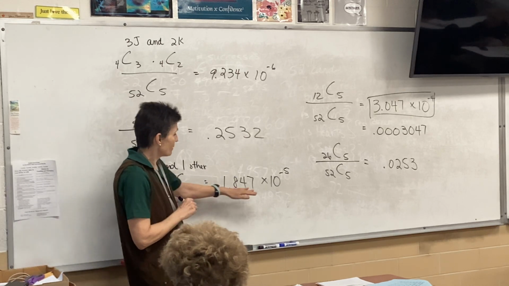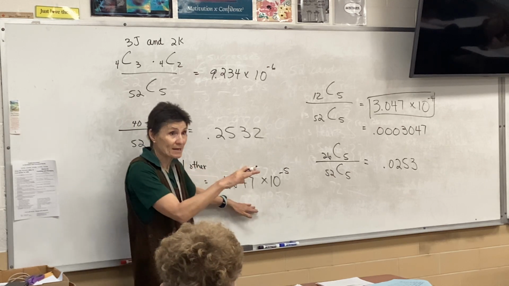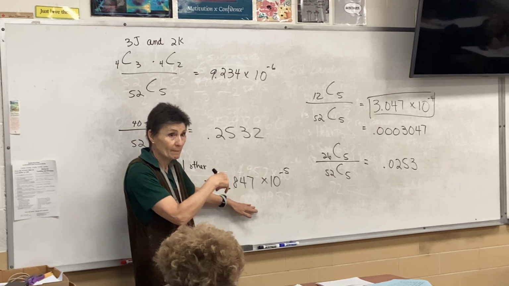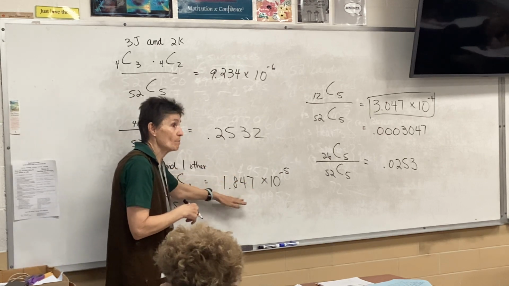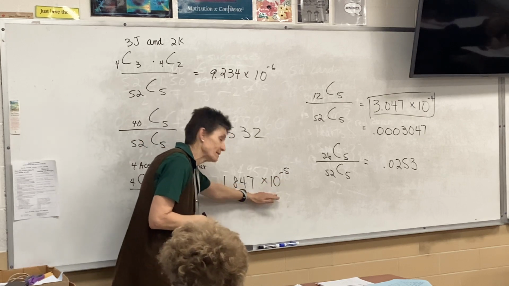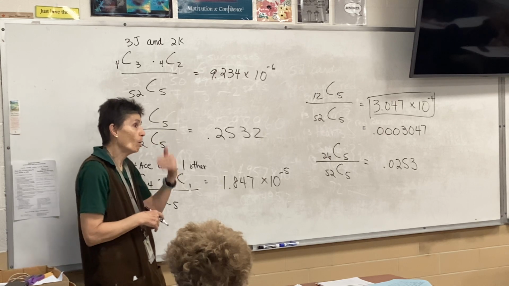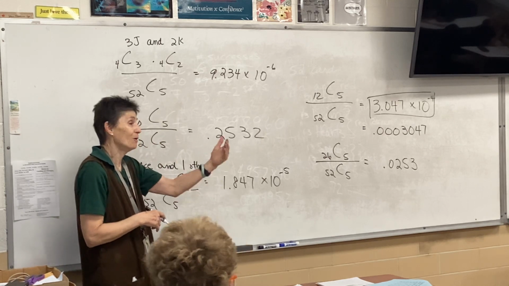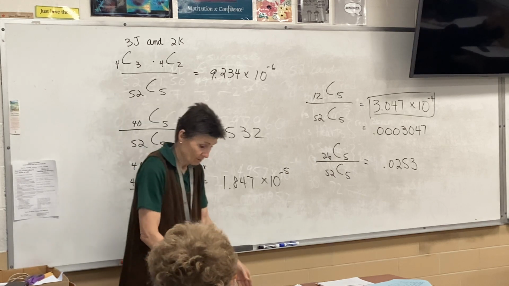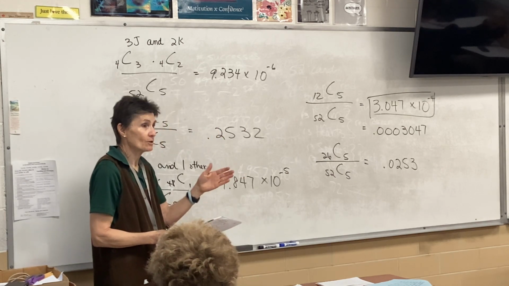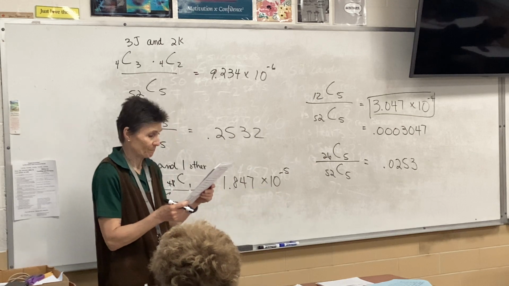Did anybody match it? Yes, Jenny? Okay. So this is a very small number. You can write it the way it says on the calculator, but think about what that is: 0.00018. That's a really tiny number. Anybody who's ever played cards knows that your chances of getting all 4 aces isn't very good.